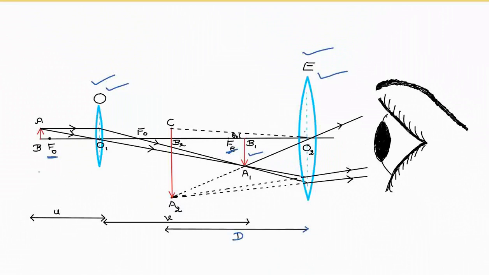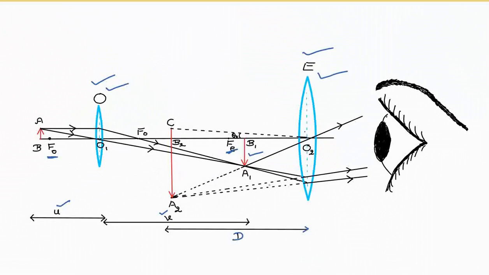Here O1B is the object distance U, O1B1 is the image distance for the objective lens, or for this image B1A1, this is the image distance.